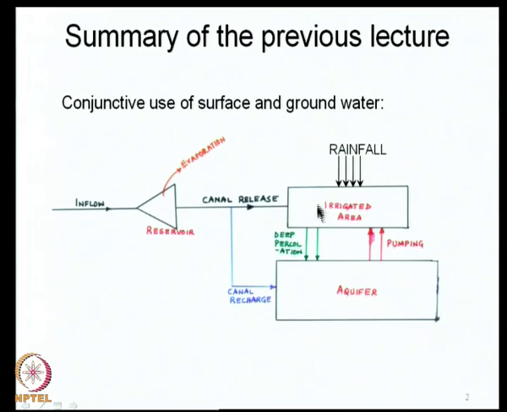Let us say that you are discretizing the irrigated area into a 2 kilometer by 2 kilometer grid, and you write the finite element model in 2 kilometer by 2 kilometer for the aquifer, and then for every 2 kilometer by 2 kilometer grid you need to write the balance equations. Such studies are available in literature. Those who are interested can go through that.